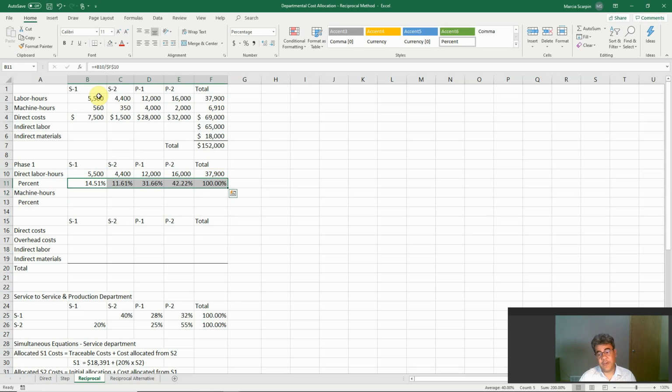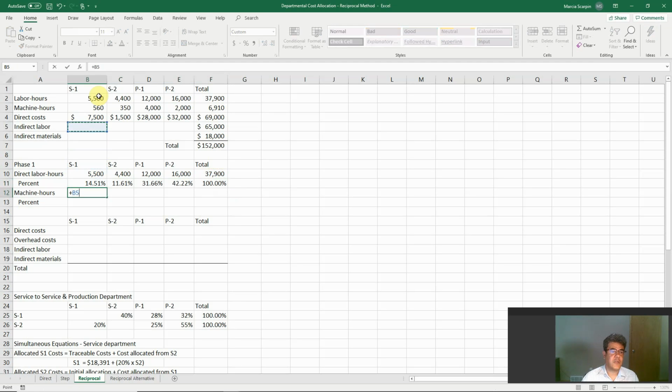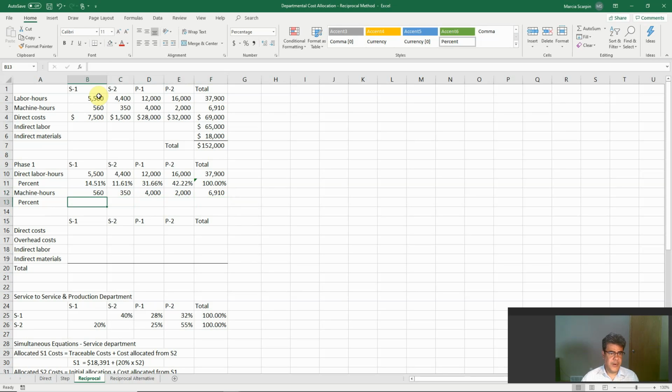We have our numbers. Machine hours, here we are, and the total. And the percentage, the same. 550 divided by 6.9 thousand. And we fix it. And we also have the same 100%.